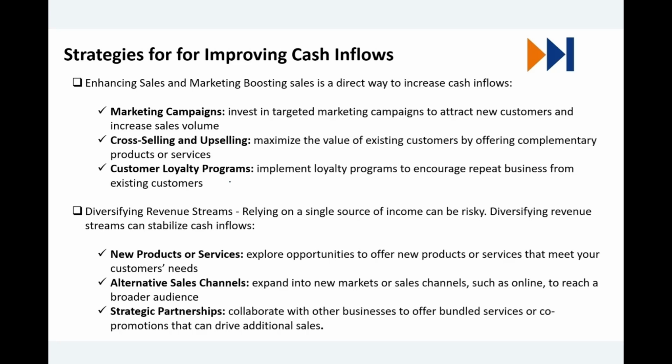So you can introduce new products and services, alternative sales channels, and strategic partnerships. For example, in my experience, I have seen a big farm that sells flowers in Europe, but they need licenses for exports.